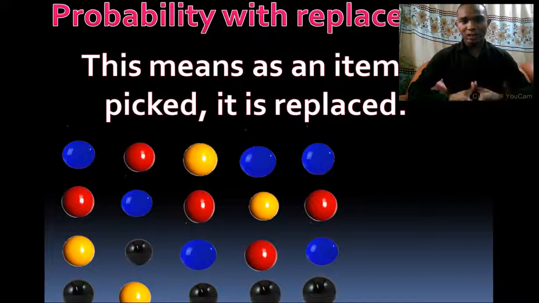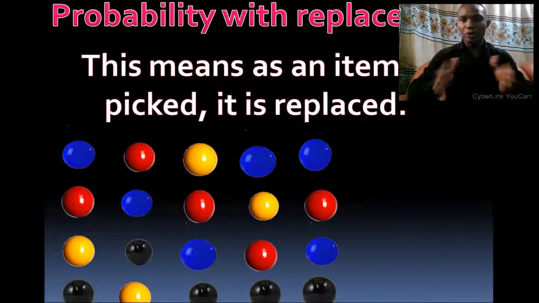Just take a look at these balls. We have blue balls, red balls, yellow balls, and black balls. Now look at what I mean by the word replace or replacement. The blue ball was picked and was returned. That means it has been replaced. When you replace the ball, the total number of balls remains the same.